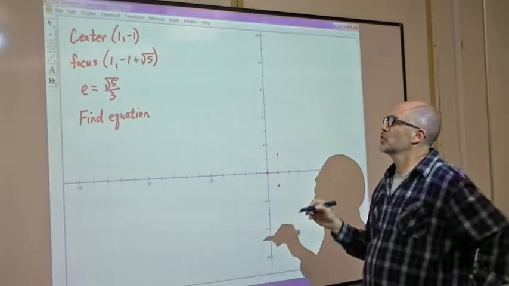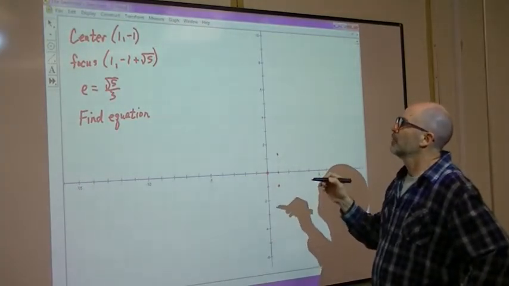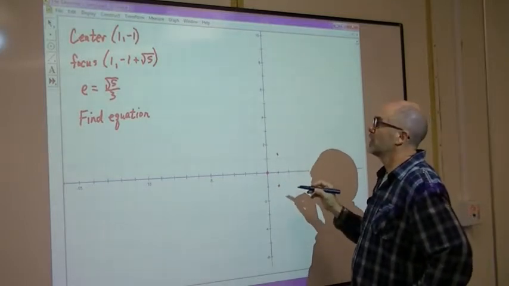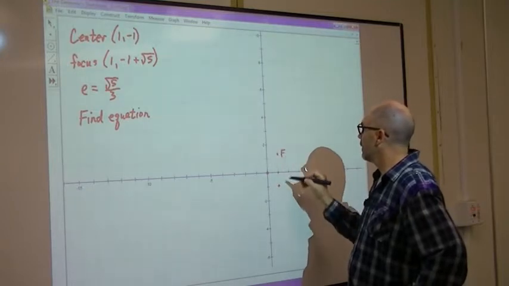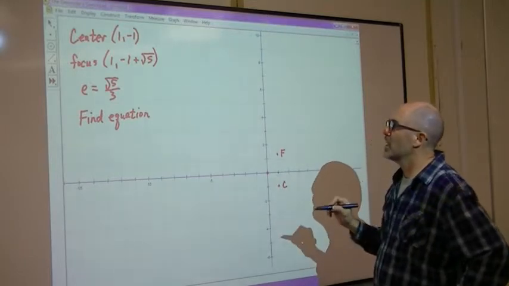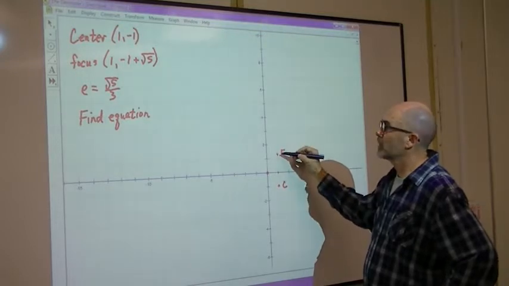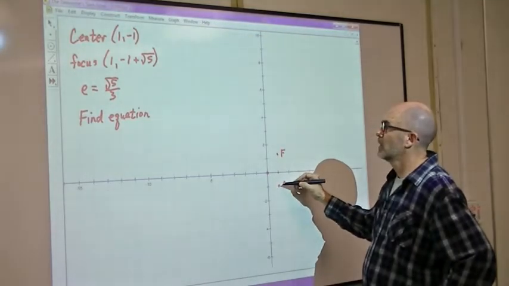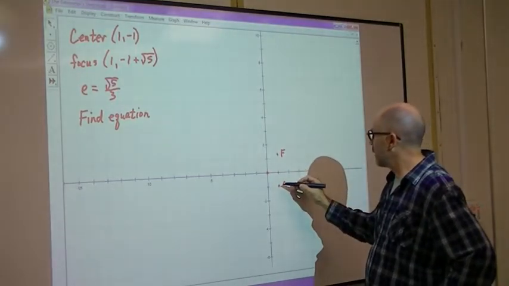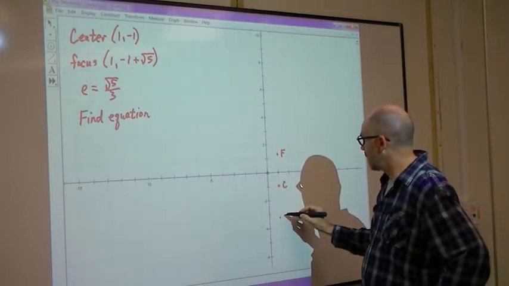Square root of 5 is about 2.3, so 2.3 minus 1 is 1.3. So this is a focus right here, and this is a center. So right away, that should tell you that the other focus has to be 2.3 the other direction. So there's my other focus.